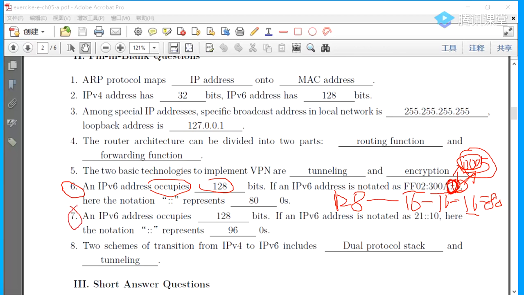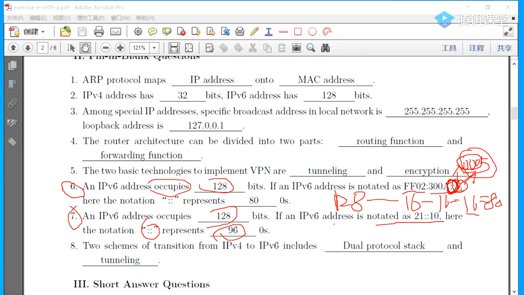Okay, question 7. An IPv6 address occupies 128 bits. If an IPv6 address is notated as 21 double colon 10, here the double colon represents how many zeros? 96.